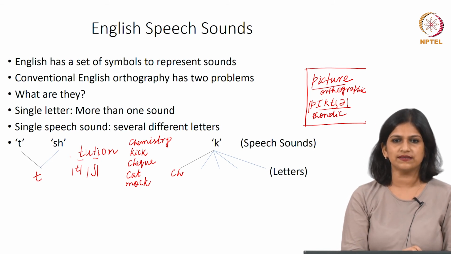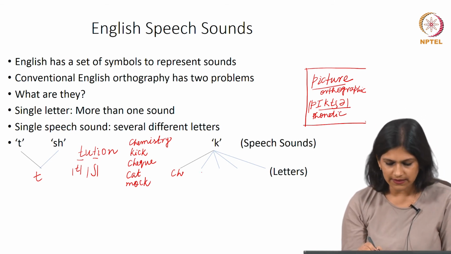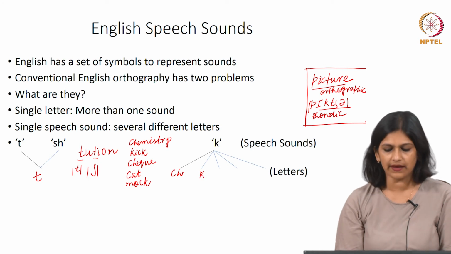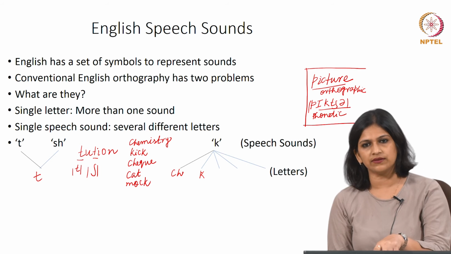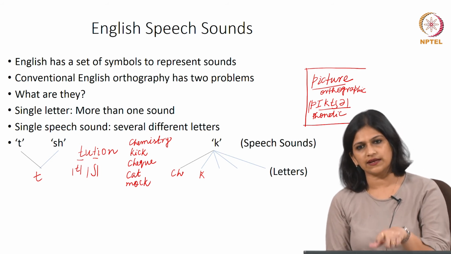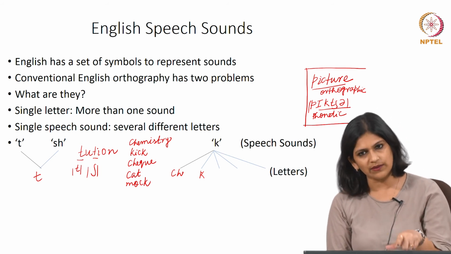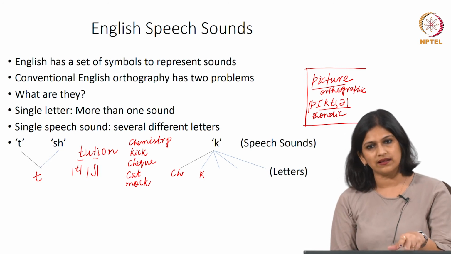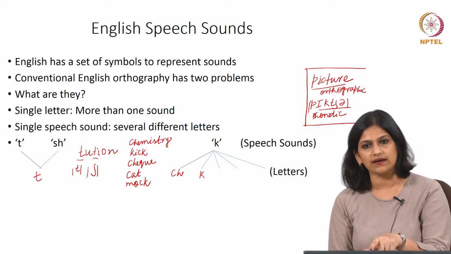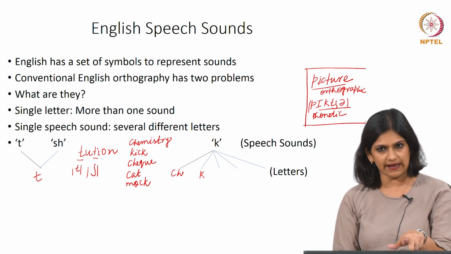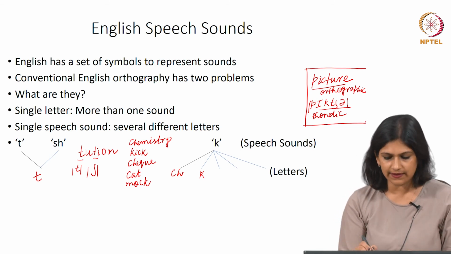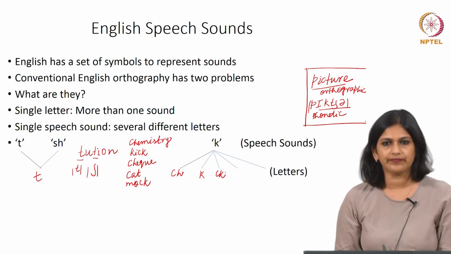What is the k sound here? The k sound is the first letter K. So CH can correspond to k, K can also correspond to k, referring to the same word kick. When you say k, e, k, it becomes kick. So the first K is K, and what is the second K? The second K is CK, right.